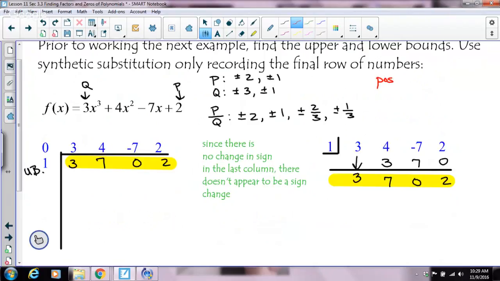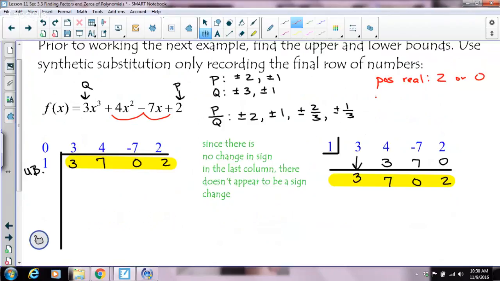So how many positive real zeros? Look for your sign changes. Positive, positive, positive, negative. So there's 1. There's 2. So I could have 2 or 0. Well, it's not going to be 1, and it's not going to be 2. So it could be 2/3 or 1/3, or maybe both, because I could have 2, right?